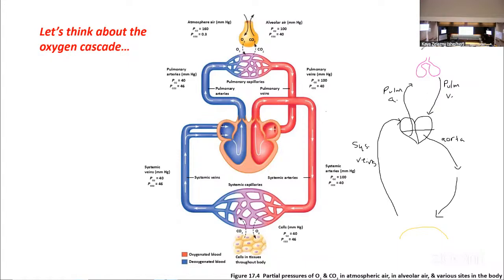We've got capillaries up here. So those are pulmonary capillaries. And we've got systemic capillaries down here. So what we are going to want to be tracing when we think about the oxygen cascade is how much oxygen do we have in these blood vessels? Where do we see shifts? And on this figure, you can also see the shifts in carbon dioxide. Okay.